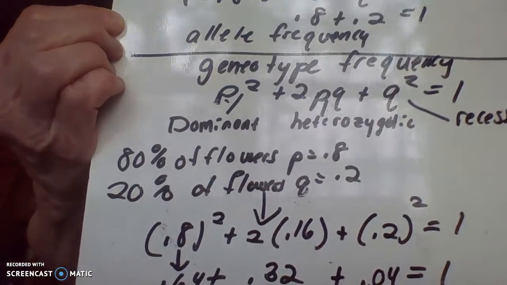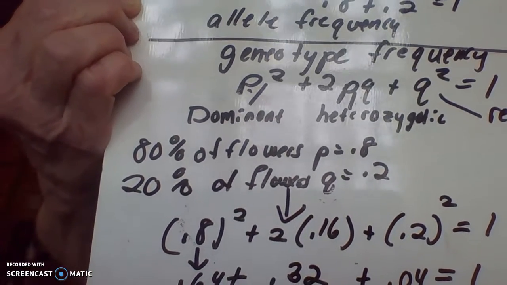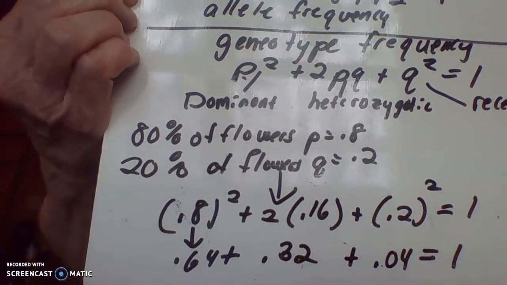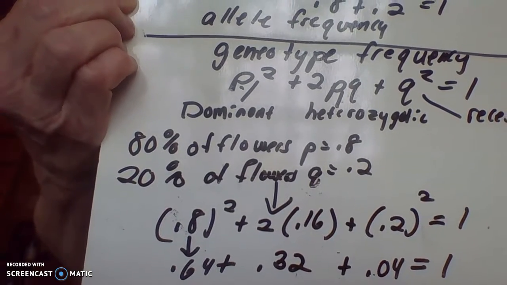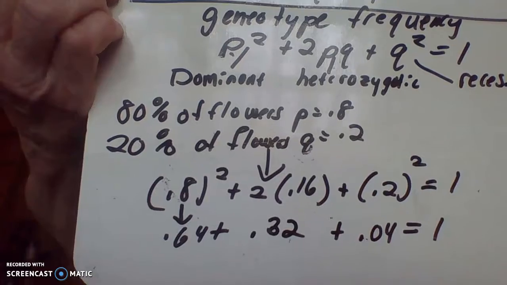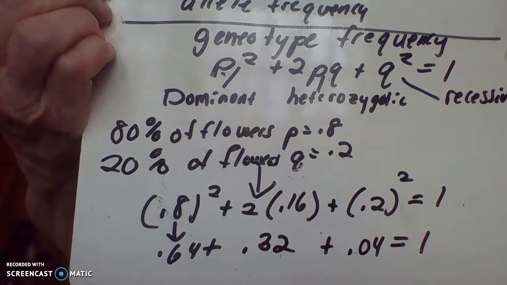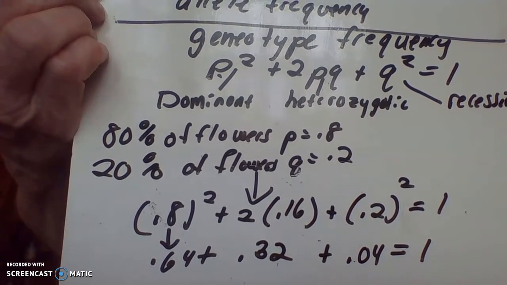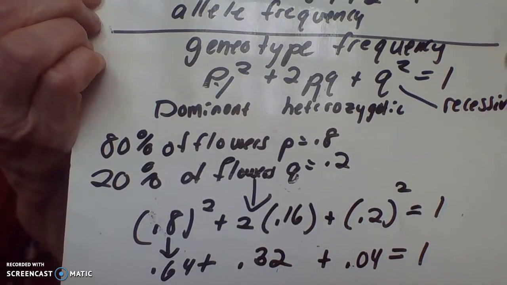So again, if we stay with the 80% of flowers being dominant, or 0.8, and 20% of the flowers being completely recessive, 0.2, we can then substitute in the numbers and find out what percentage of the population is heterozygous, or that 2PQ. In this case, I already knew that my completely dominant, my P, was 0.8, and that's going to be squared. What I didn't know, I ended up finding out through algebra, was the 2PQ. And then I knew what my Q squared was, my 0.2 squared.